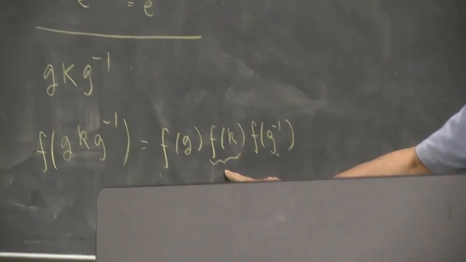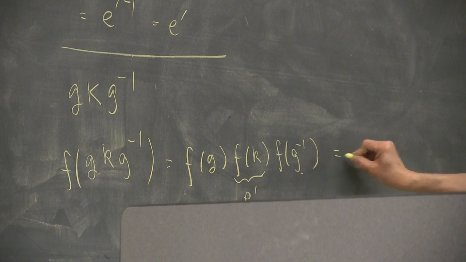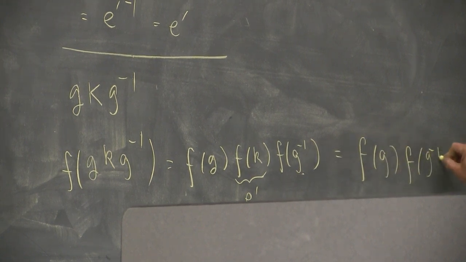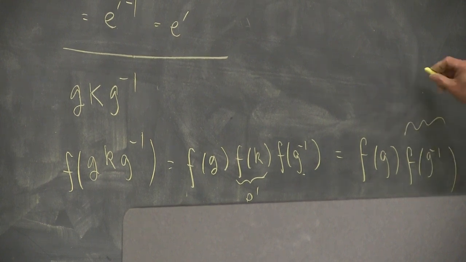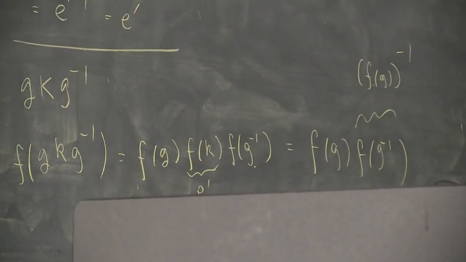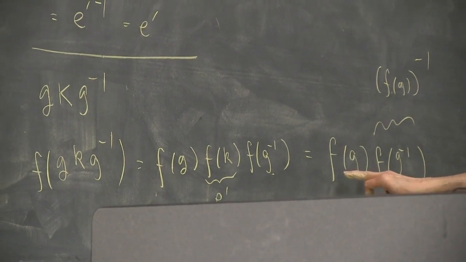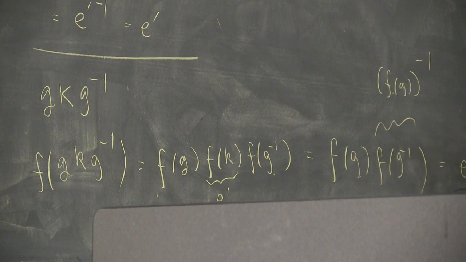It gets mapped to the identity, so you can kind of take it out. But by group homomorphism, f(g inverse) must be equal to the inverse of f(g). So you have some group element in G prime multiplied by its inverse, and this must be equal to e prime.